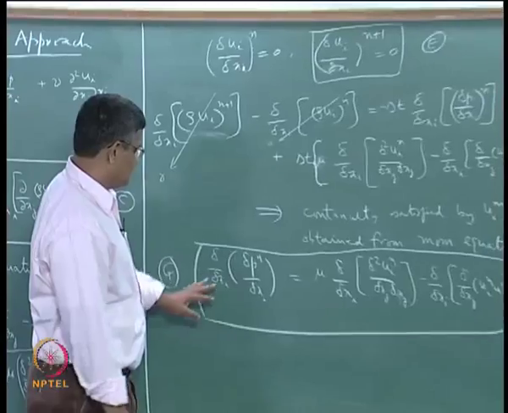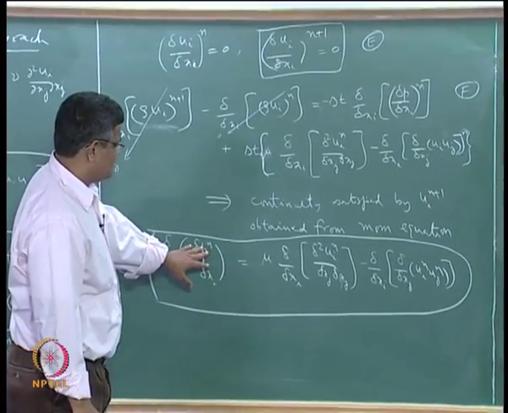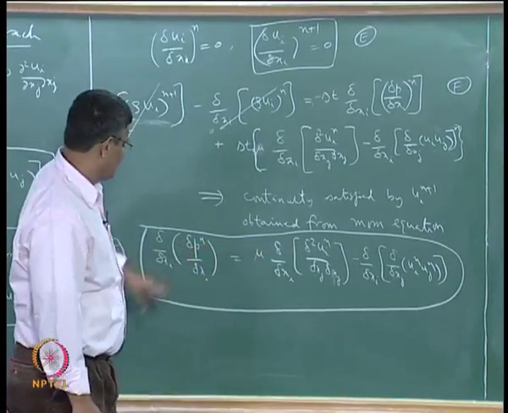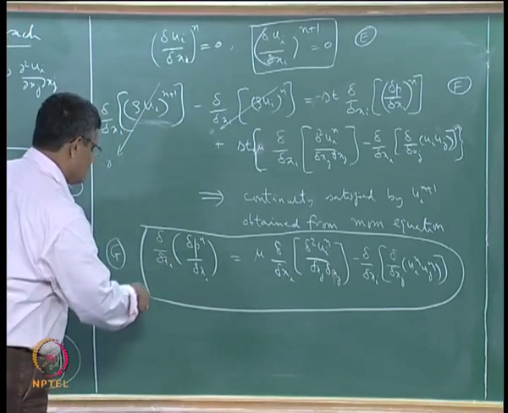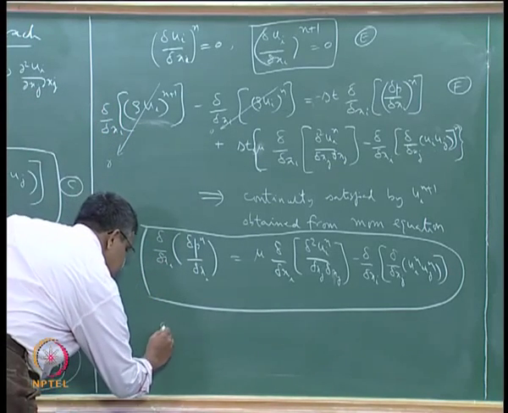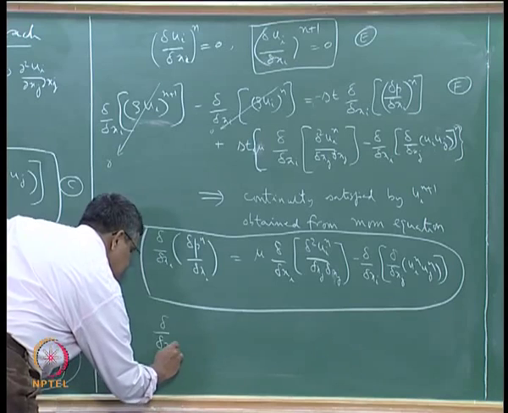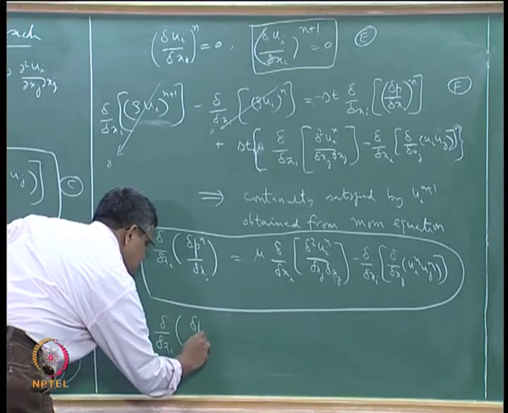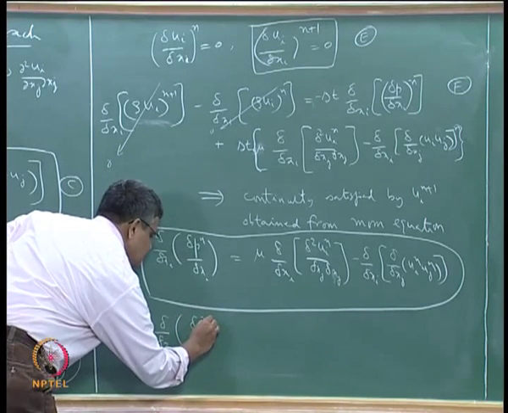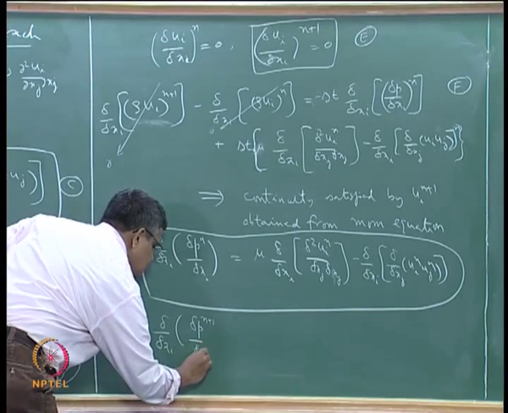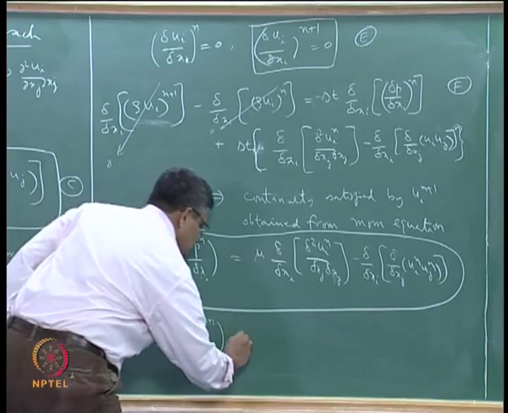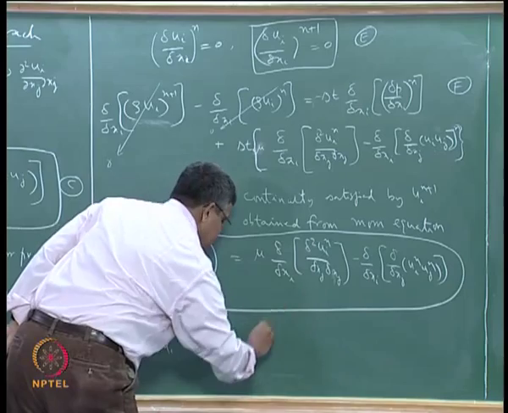So we have to solve this. We can write down the corresponding implicit version. We will leave this for the time being.